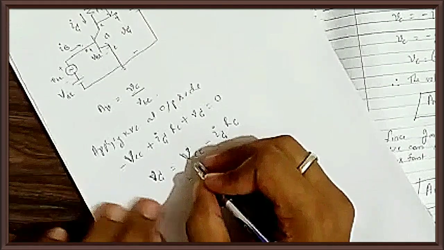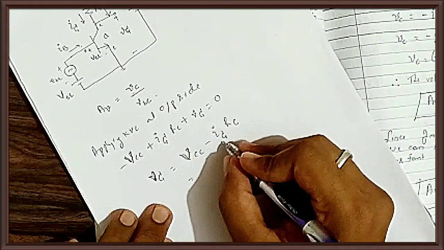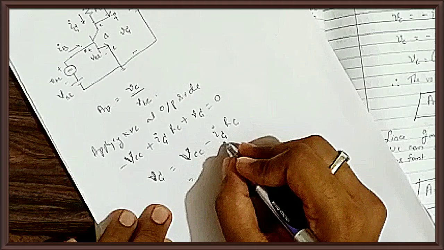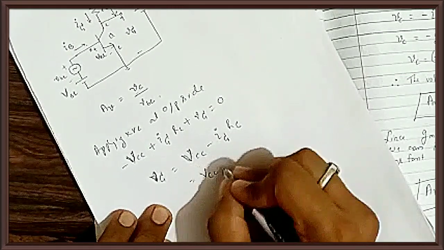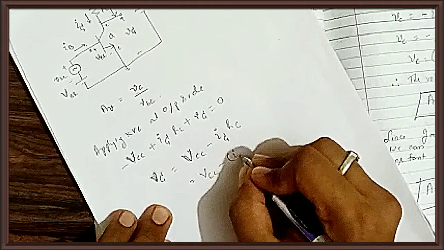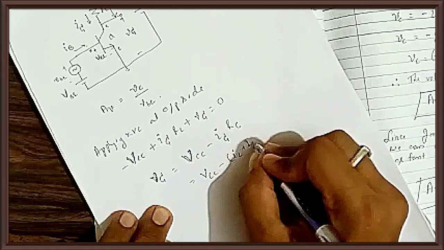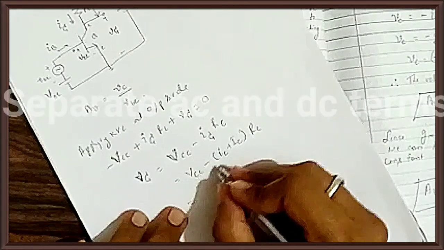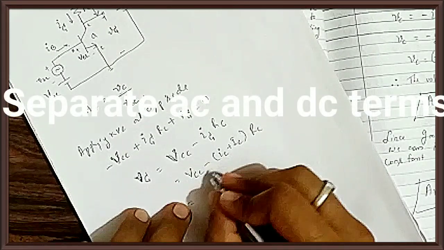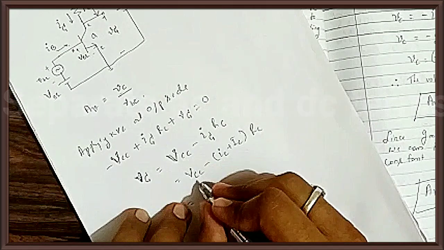But as you all know, IC is the instantaneous current, which comprises both AC and DC current. That's why I write the equation as VCC minus small IC plus capital IC into RC. If I do so, now I'll try to separate the AC terms and DC terms. What are the DC terms here?